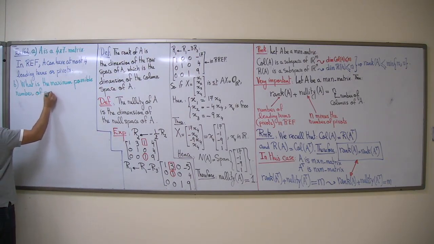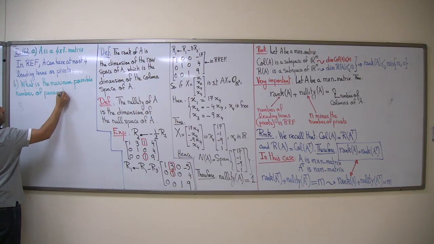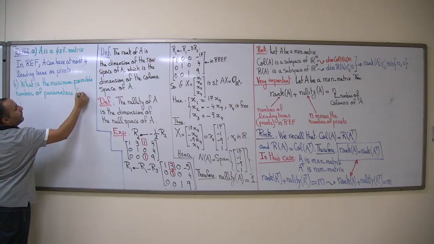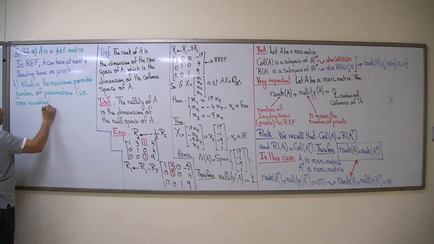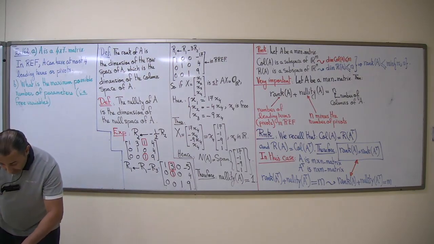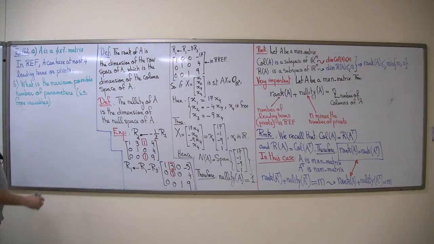Parameters means free variables, in the general solution of AX is equal to 0.